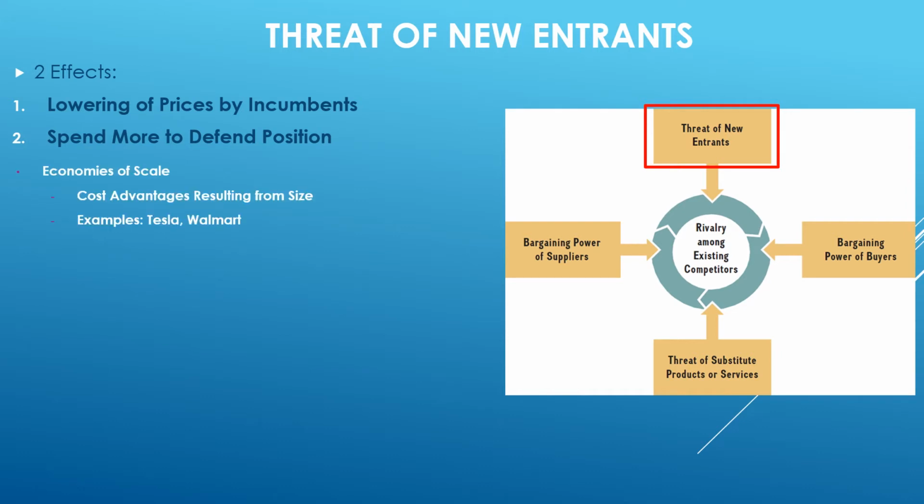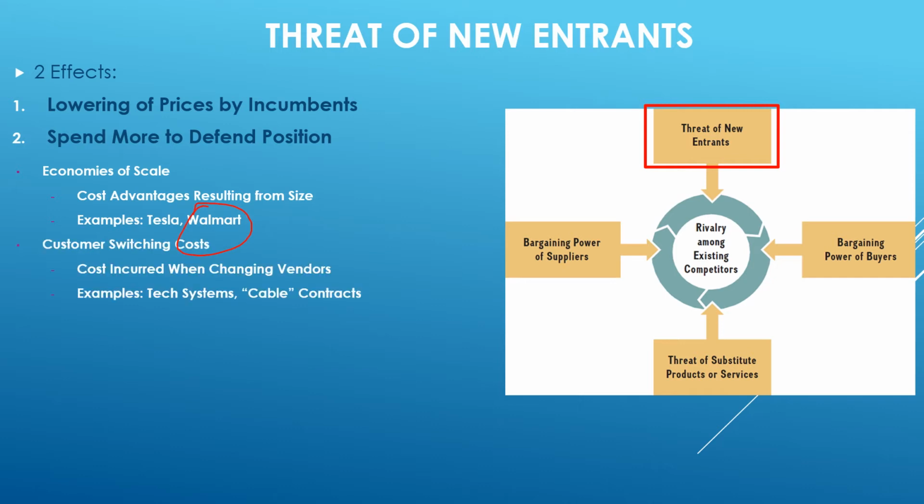Some things to note here are economies of scale. Those companies that are incumbent have cost advantages resulting from their size. We can think of some economies of scale that have been achieved by Tesla and, of course, Walmart. And then also there are customer switching costs.